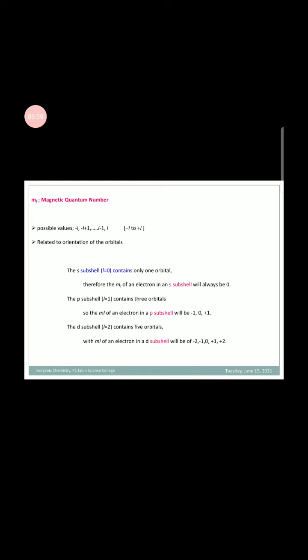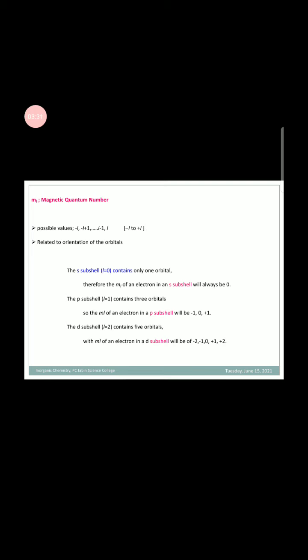Related to the orientation of the orbitals, the magnetic quantum number explains the orientation of the orbitals. The s subshell, l equal to 0, contains only one orbital. Therefore, ml of an electron in an s subshell will always be 0. The p subshell, l equal to 1, contains 3 orbitals.